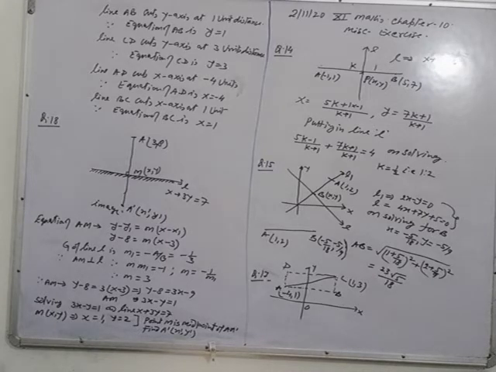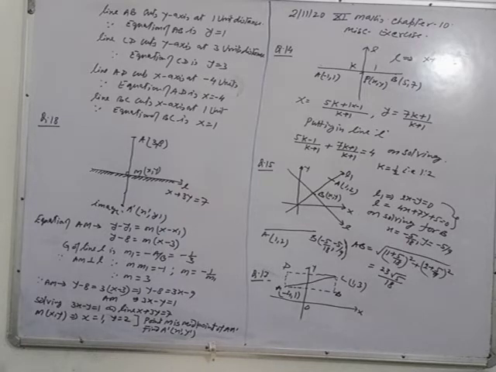Now in question number 18, here the line you can assume as a plane mirror. So line L whose equation is x plus 3y is equal to 7, you can assume as a mirror.